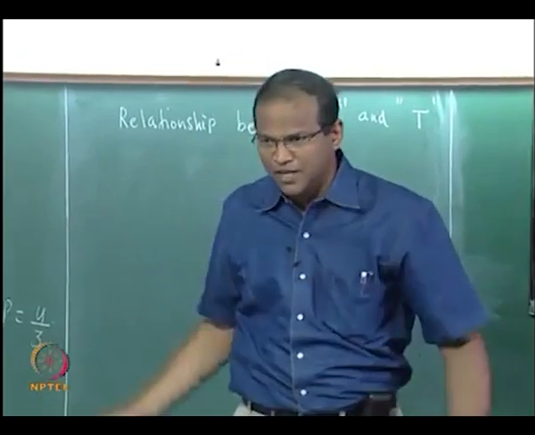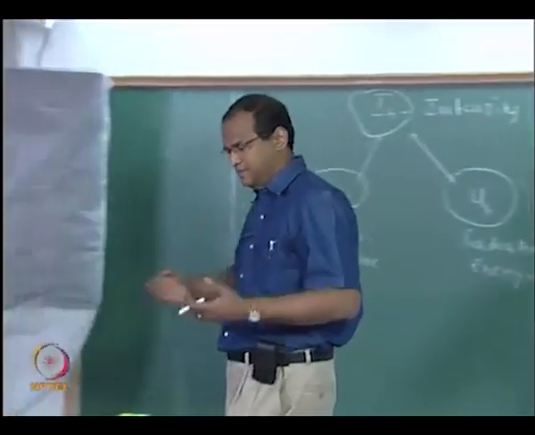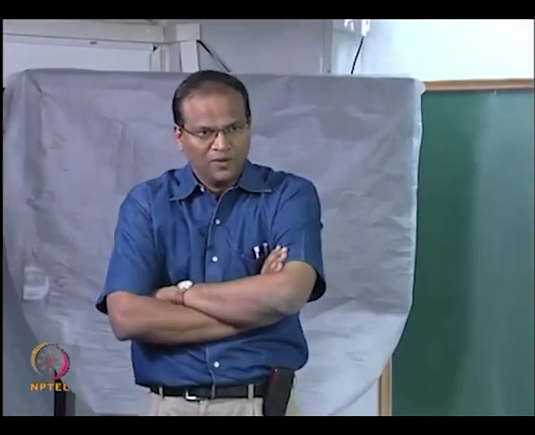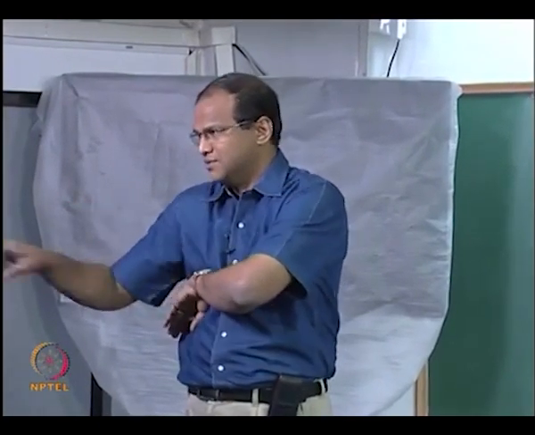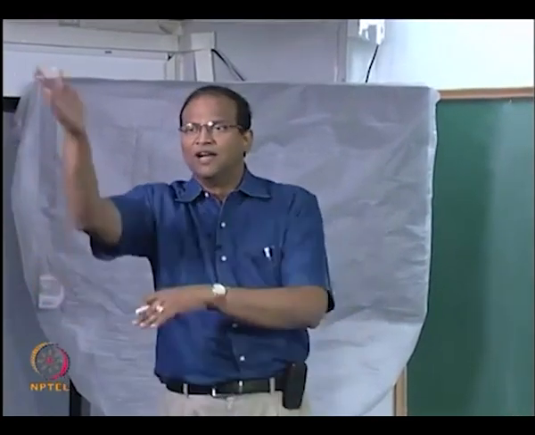Whoever has done an experiment has found that the emissive power from a black body is proportional to T to the power of 4. If you plot ln E versus ln of sigma T to the power of 4, you can find the intercept and get the constant and all that. But now, from thermodynamic arguments, can we get the same thing? That is the story.